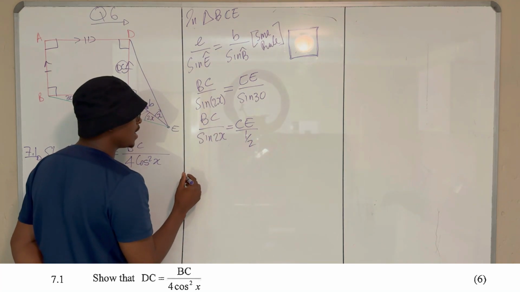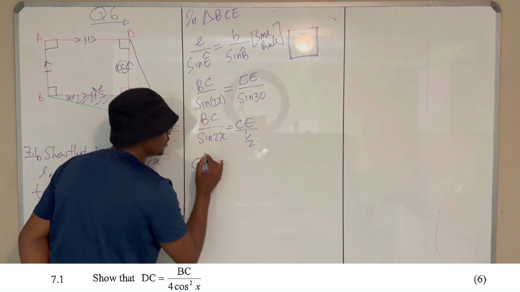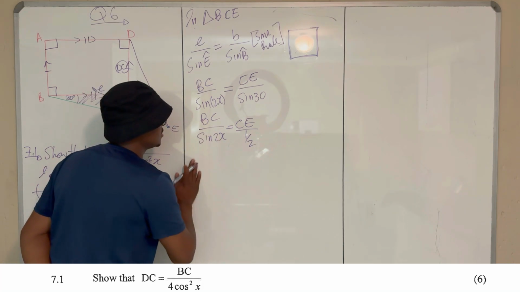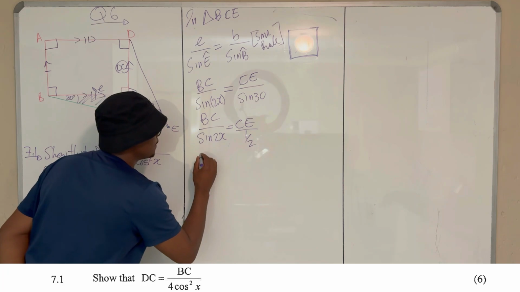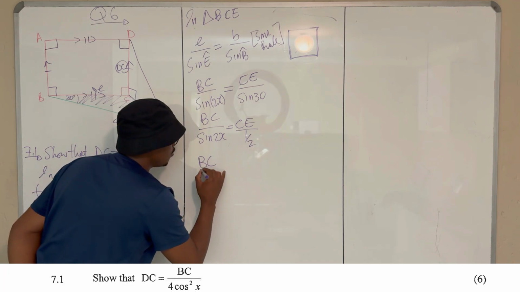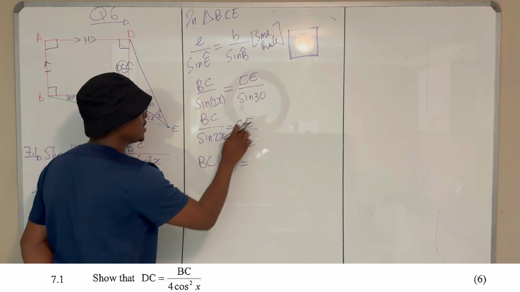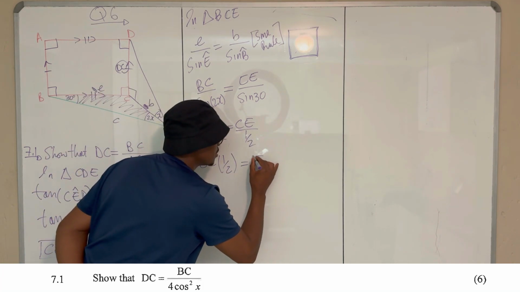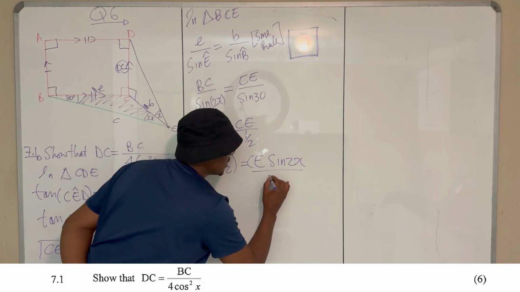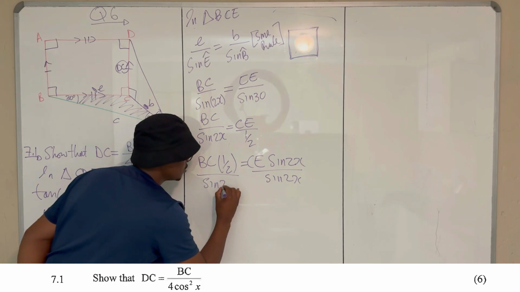Then you can cross multiply. If you cross multiply here, you find that your BC times 1 over 2 is equal to this times that, or your CE times sine 2x. So divide by sine 2x on both sides.